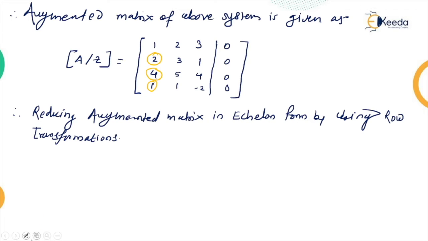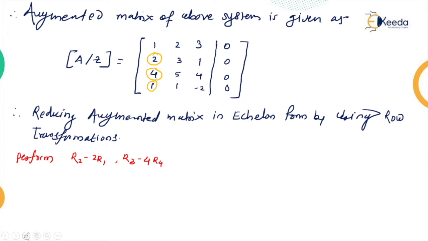For that we perform R2 minus twice R1, R3 minus 4 R1, and R4 minus R1.